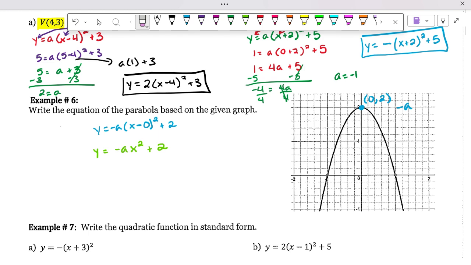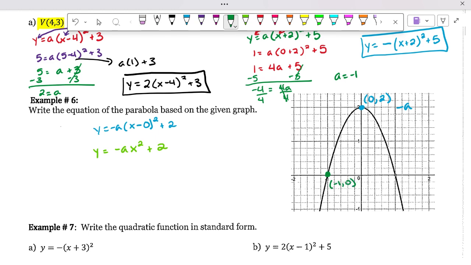All right. Now, there's two ways that we can find the a value. The first way is to just get a nice happy point on the graph and plug that in like we've been doing. All right. And the other way is to use the pattern method like I showed you. So I'm going to use the pattern method first. So I have a happy point right here at -1, 0.